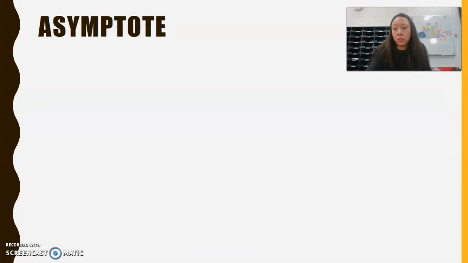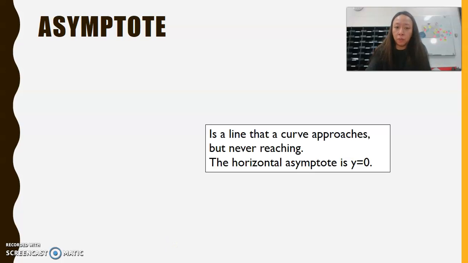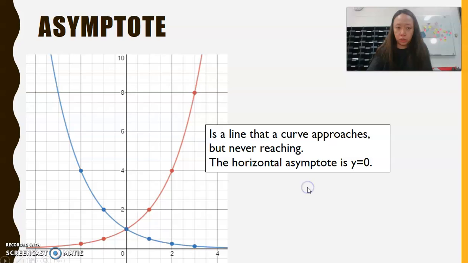Now we are talking about asymptotes. What is an asymptote? An asymptote is a line that a curve approaches but never reaches. In particular, for exponential graphs, we are focusing on the horizontal asymptote. In this case, the horizontal asymptote is y equals 0.